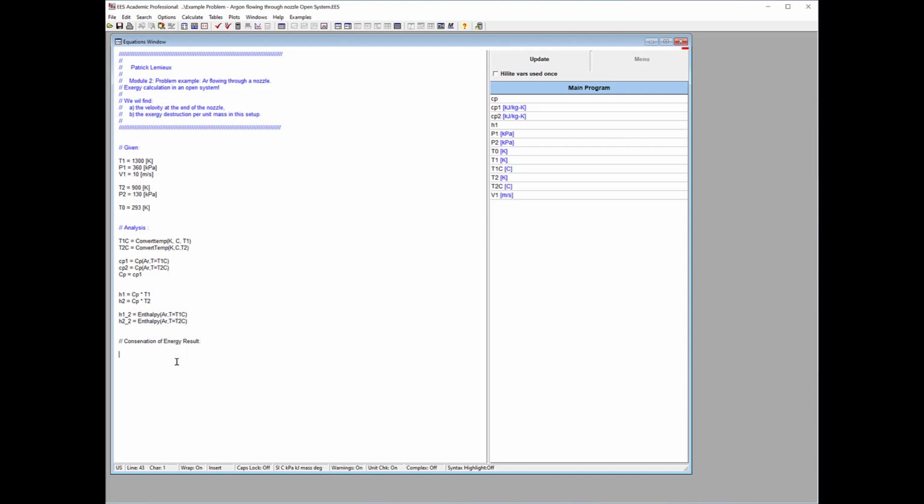And that particular expression was H1 plus half V1 squared is equal to H2 plus half V2 squared. Okay, let's put the little sign so I know that he's not going to like that.